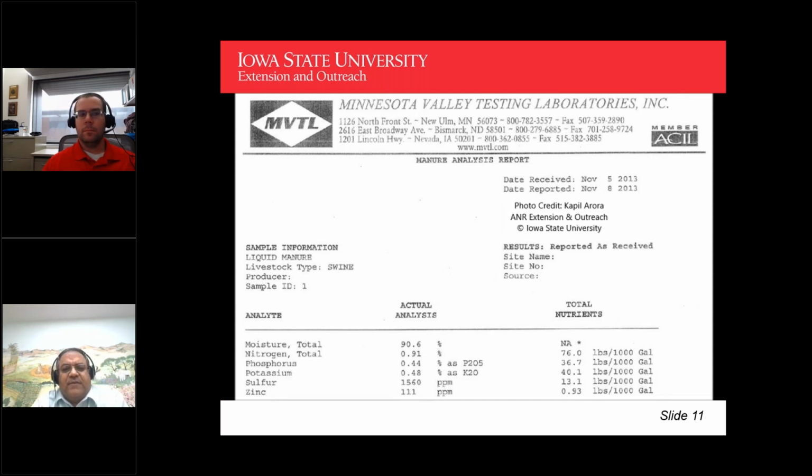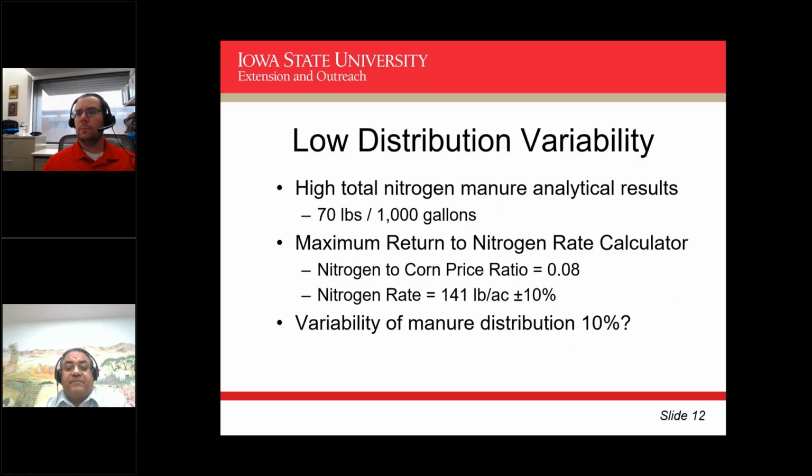So I wanted to share with you here just an analysis on nitrogen. This is total nitrogen registering at 76 pounds per 1,000 gallons. This is liquid swine manure from a finishing barn.